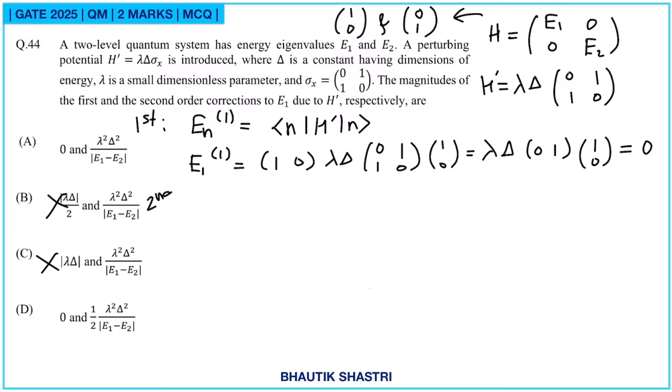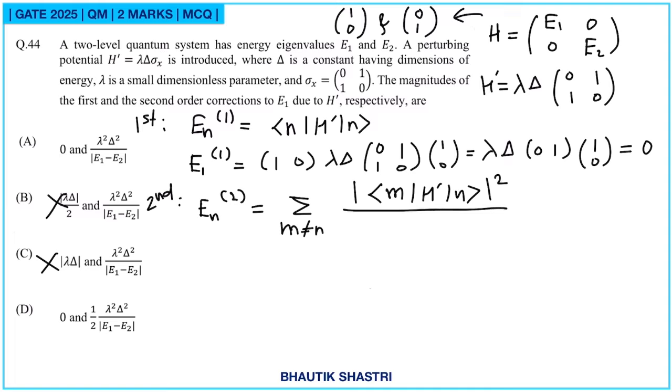Then second order correction, En2. By definition it will be summation over m not equal to n, mod of <m|H dash|n> mod square upon En0 minus Em0.